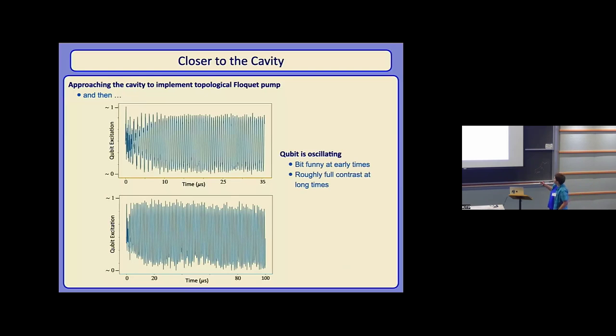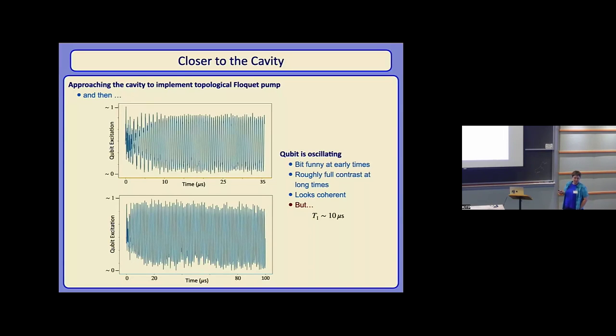And then you'll notice that the contrast is good, looks coherent, but there's something very weird about this data. So this is 35 microseconds of data, and that's 100 microseconds of data. T1 of this qubit is 10 microseconds.